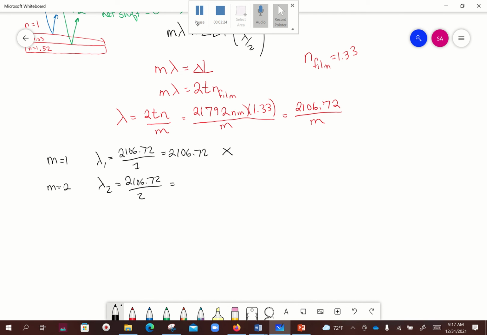We're going to divide by 2. 1053.4 nanometers. That's still higher than the visible range. Remember, we're looking for numbers between 350 to 700 or 750-ish. Okay, so it's a little fuzzy. It depends on each individual person what's actually visible and what's not visible.